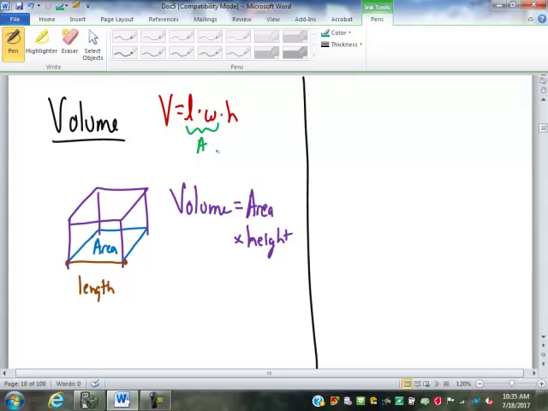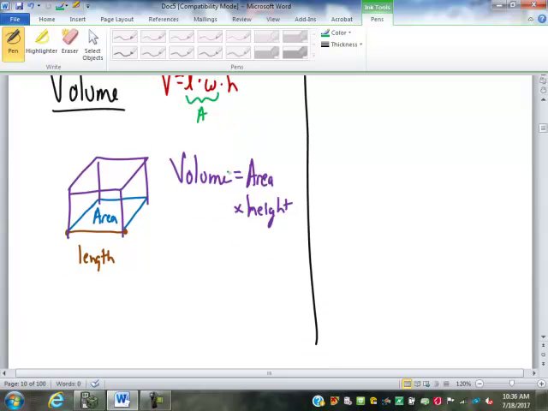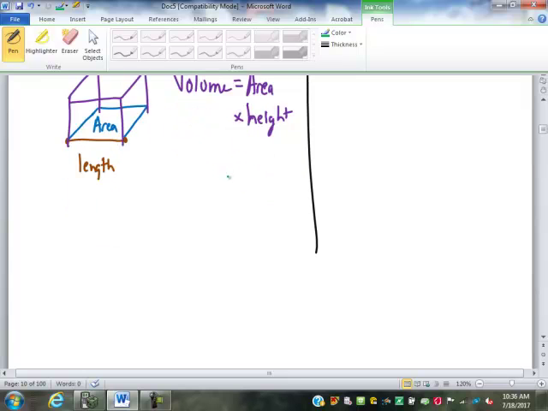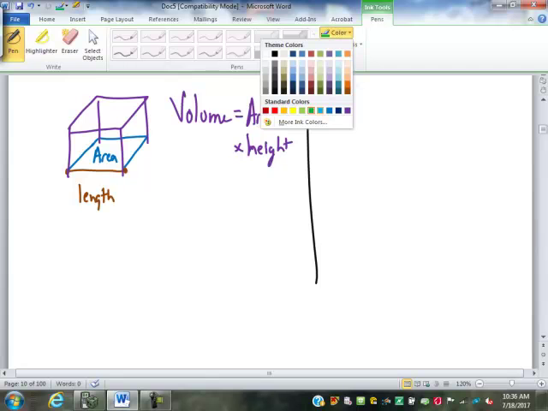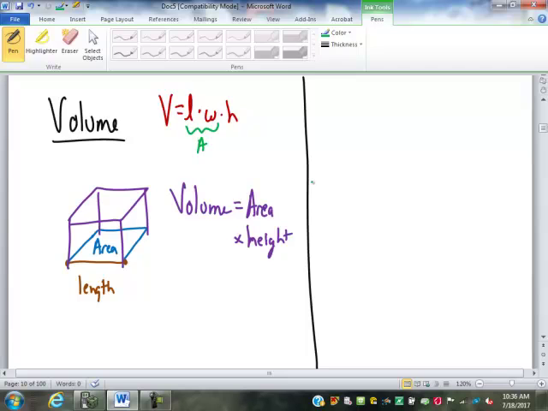It fits more of our problems like this, not just boxes. The length times width times height only fits a box. So anyway, the second thing we'll talk about is going to be surface area, and we're going to come back and talk about that in a little bit.